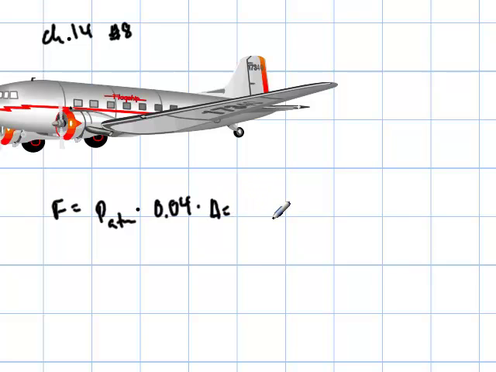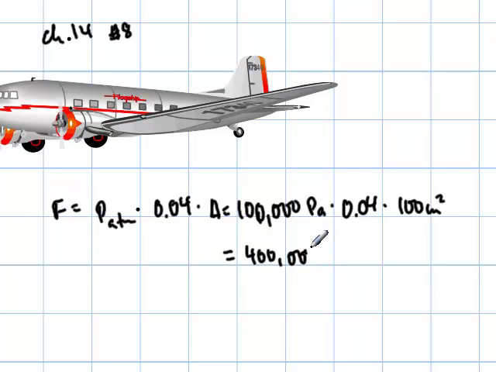So atmospheric pressure is 100,000 pascals times the 4% times 100 square meters, and that comes out to 400,000 newtons, or 400 kilonewtons.